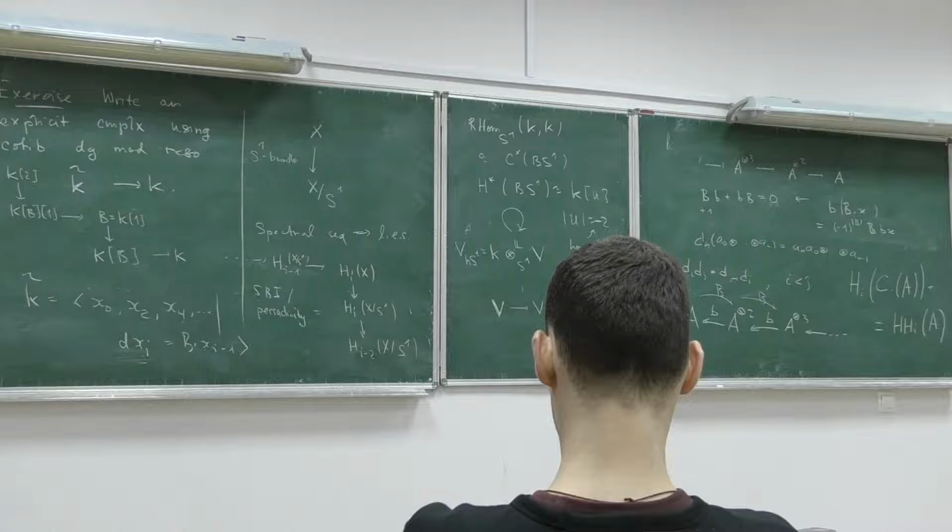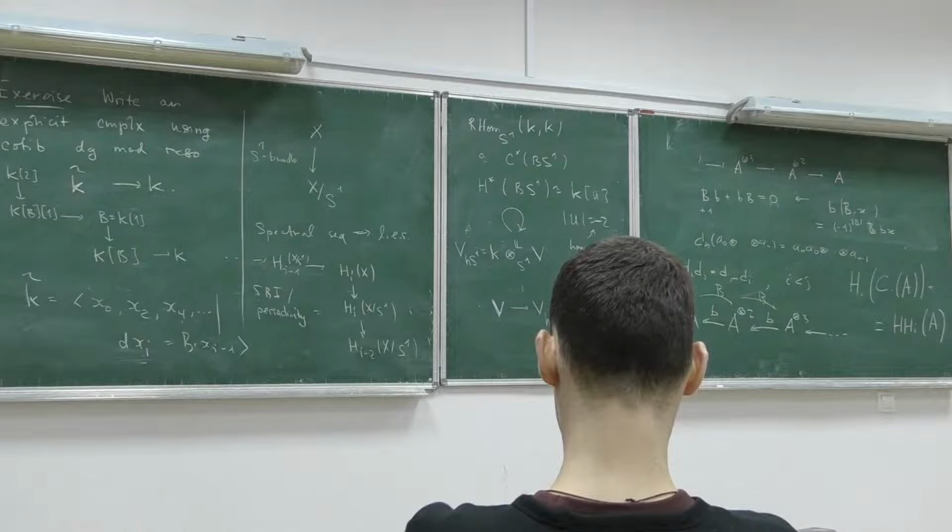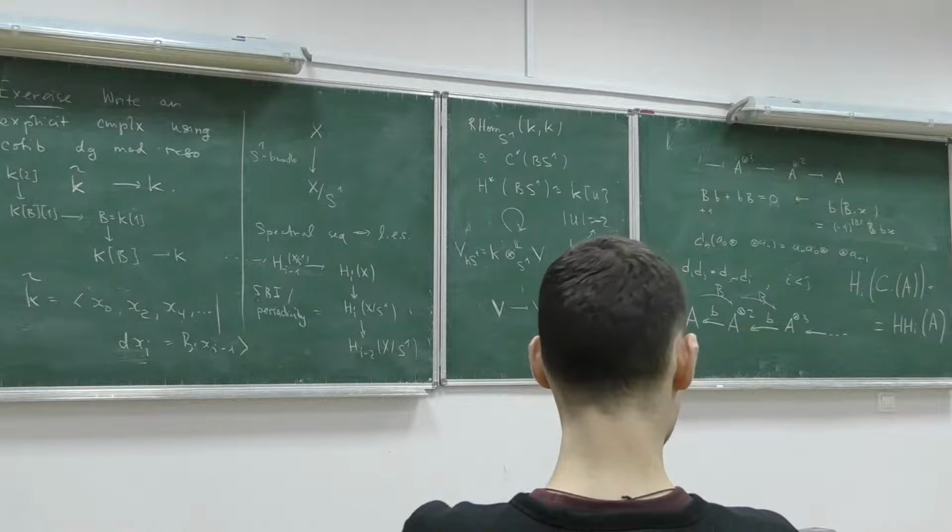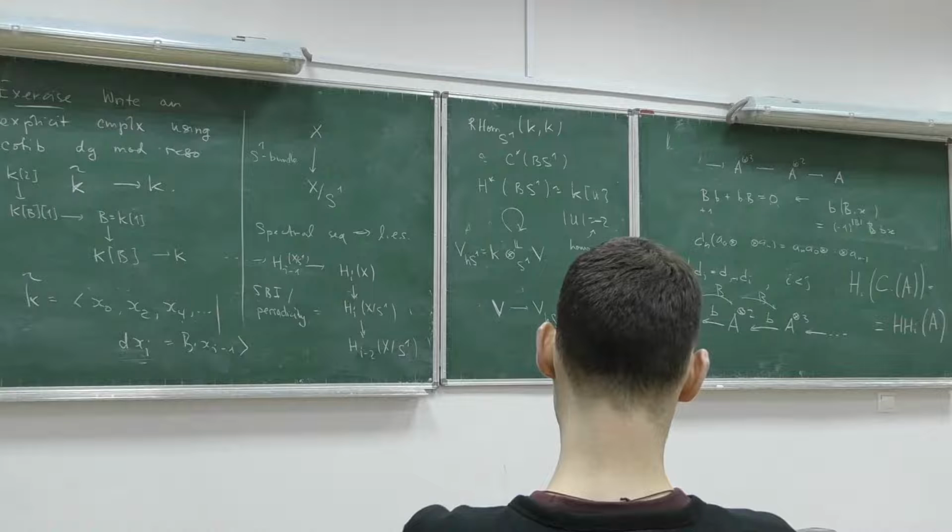We could try to do a calculation. So the only calculations that I know how to do are when the algebra is commutative in some sense, or maybe if it's a group algebra.